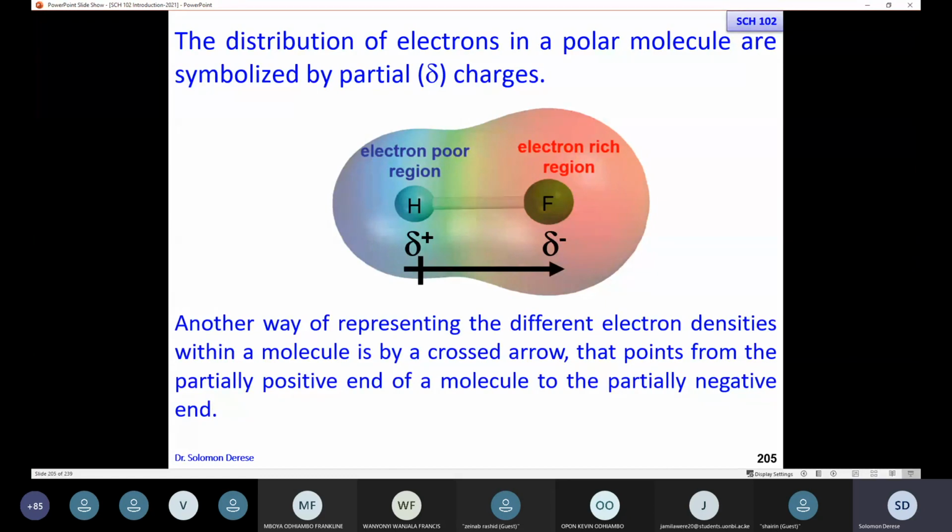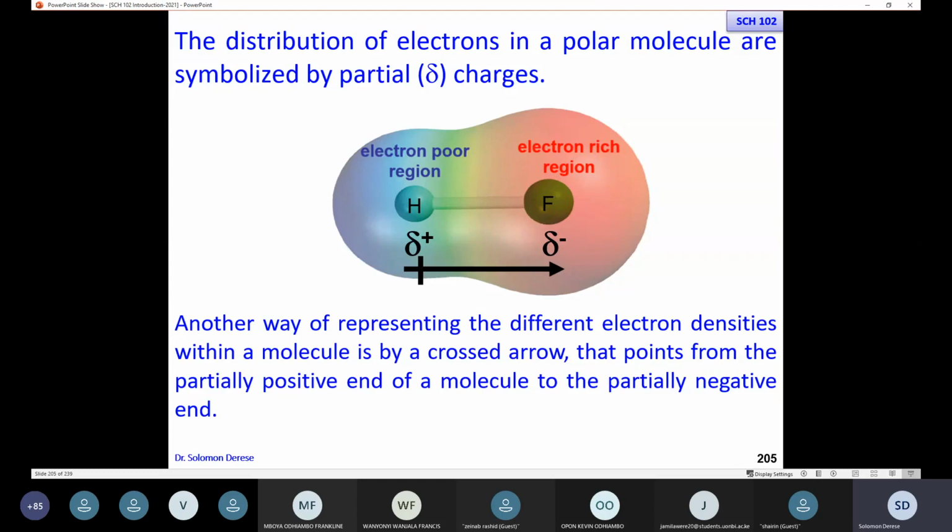The difference between the two elements in terms of the affinity they have for the electrons is so significant that one of the elements ends up taking the electrons completely, becoming fully negatively charged, and then the other element from which the electrons are taken away becomes positively charged.